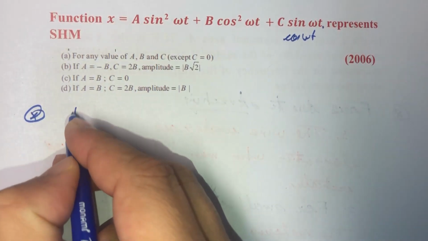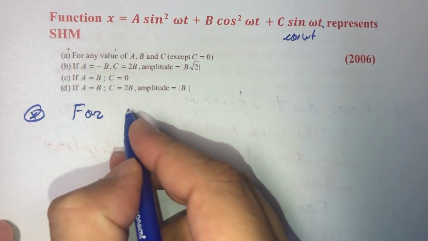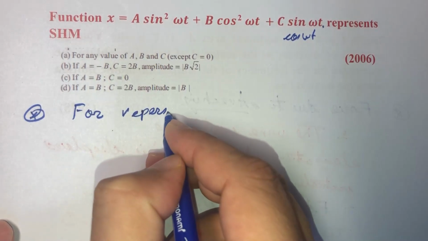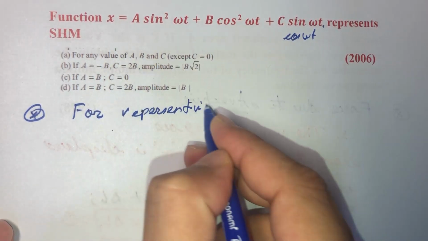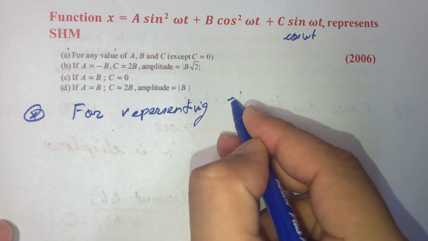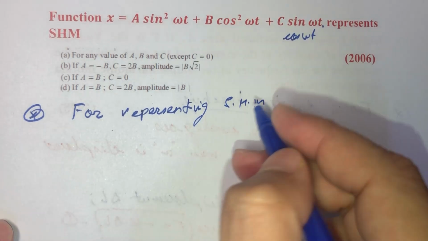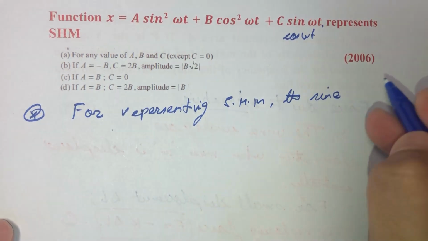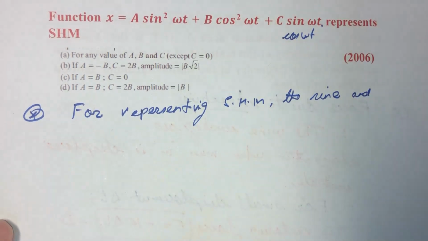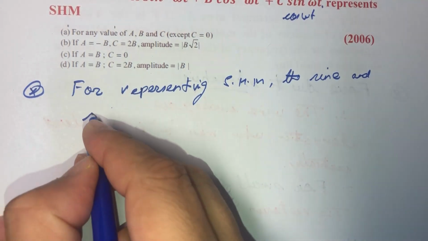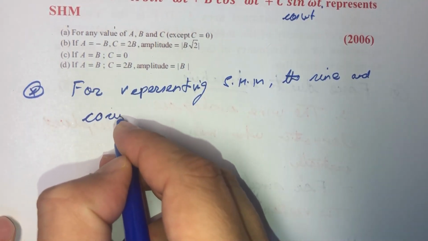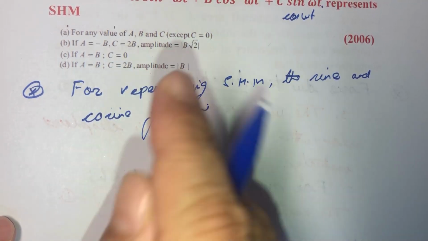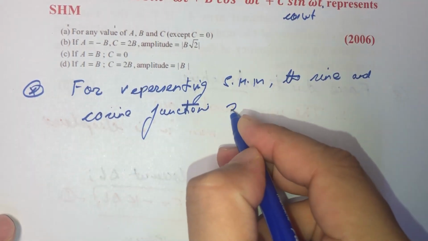So we can say for representing SHM, the sine and cosine functions should have linear powers.